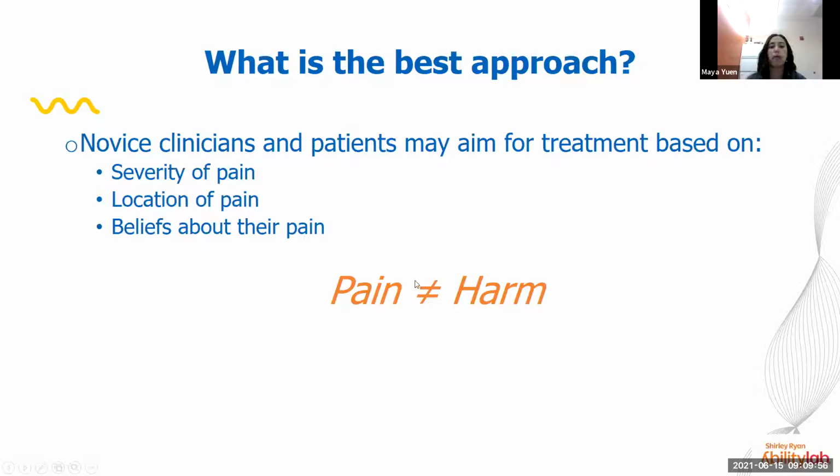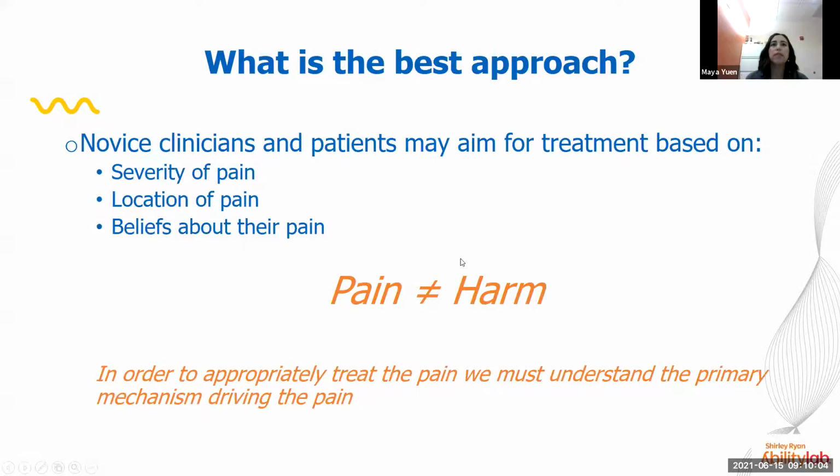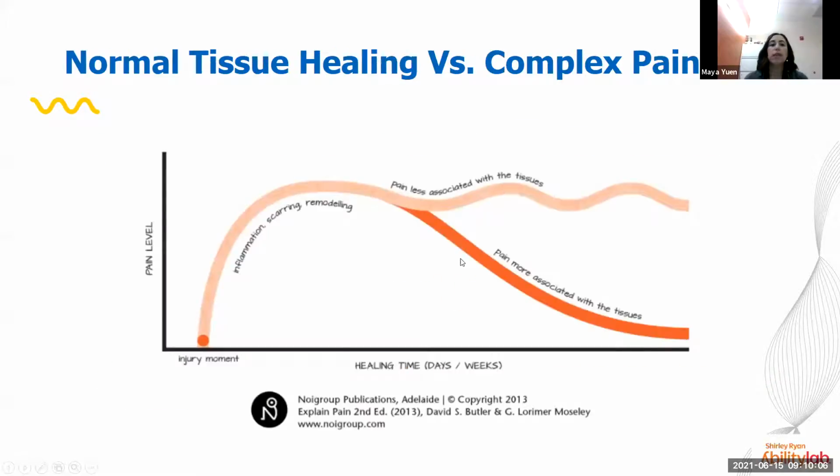But in order to appropriately treat the pain, we must understand the primary mechanism. And Dr. Margolis, this is just reinforcing a little bit of what she was saying. So when it comes to understanding the appropriate treatment for pain, it's important to understand that timeline is really important. So tissue repairs pretty predictably. This graph represents both pain associated with typical tissue injury as well as pain associated with persistent or chronic pain.